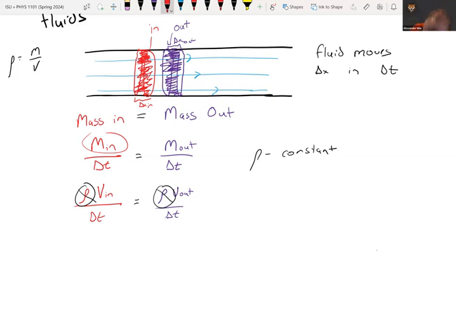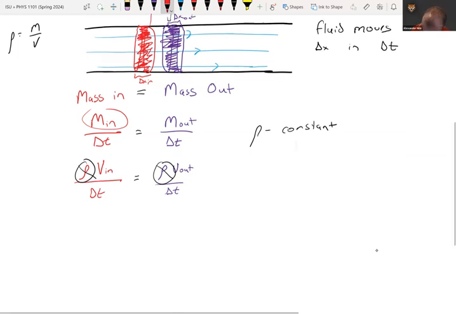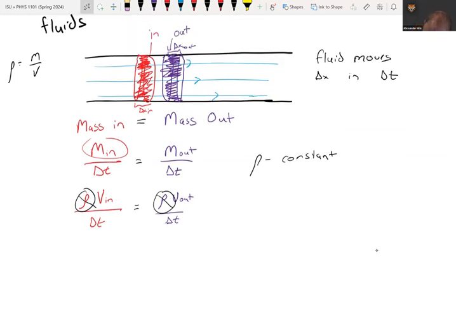Now, the volume in, and again, you can think about the volume in as being this little red cylinder that I've drawn here. And we could say, okay, there's a cross-sectional area in and a cross-sectional area out. So this is the cross-sectional area of the pipe. All right.